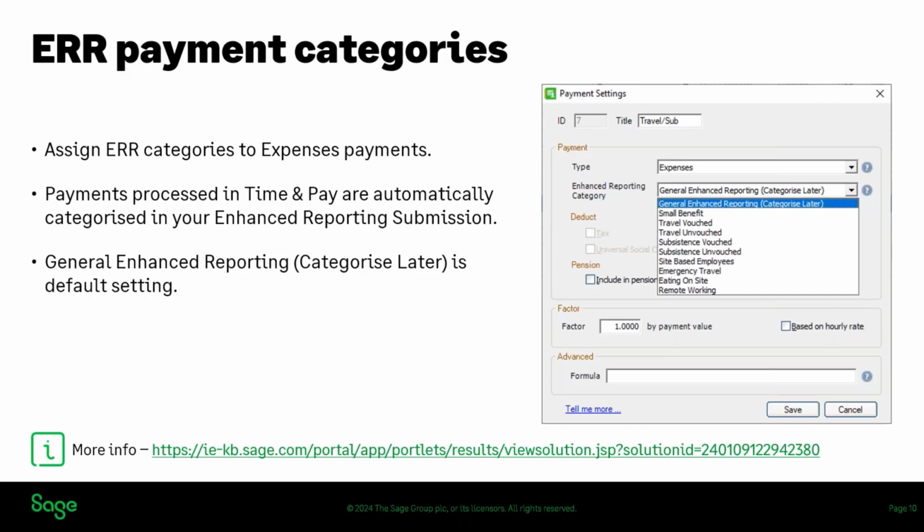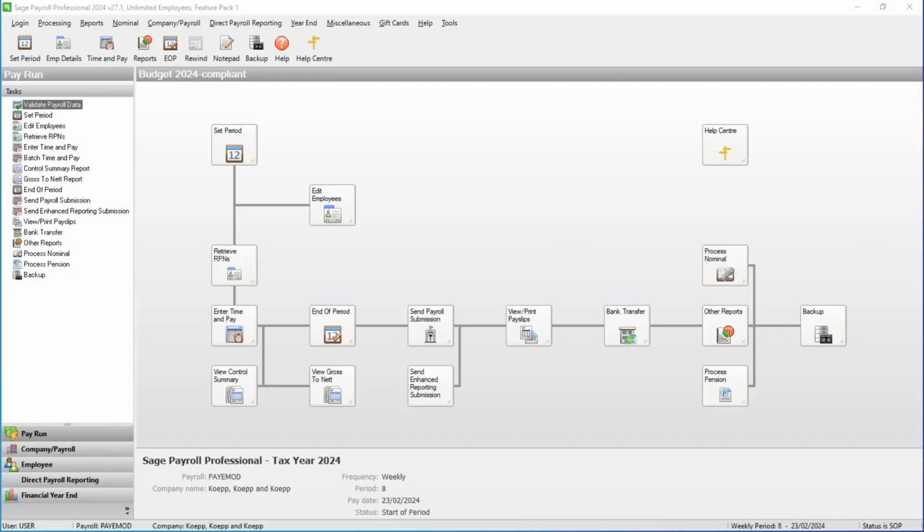Now, we also have a setting for general enhanced reporting, categorized later, and that will be the default setting for any existing expenses payments, where you can continue to categorize manually at the point of submission. But if you want to try and streamline that, if you've got a lot of expenses that always fall under the same category, you can now set up a specific payment for that. So let's take a look at where you amend these settings.